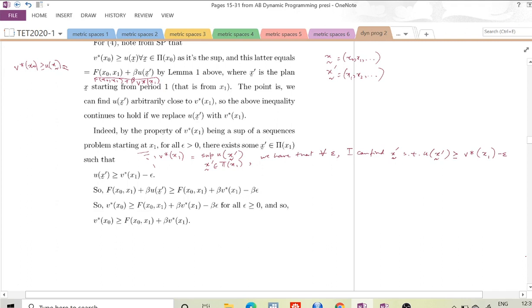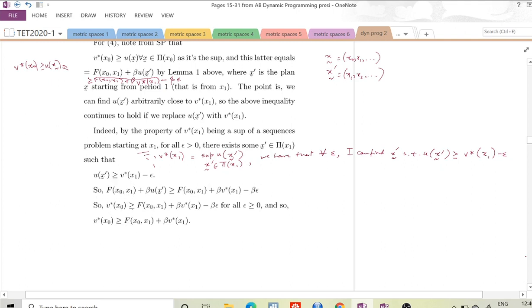So if this is true, then this thing here is greater than or equal to, if you wish, I'm now replacing u of x tilde prime with V star of x1 minus epsilon. So I have a minus beta epsilon.